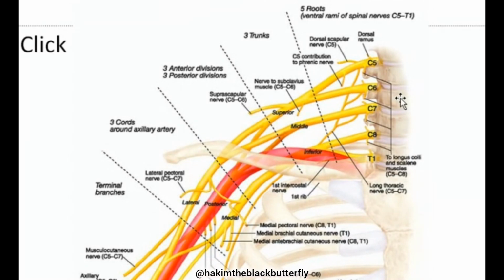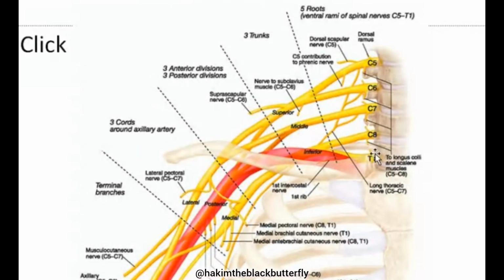The spinal nerves which form the brachial plexus are C5, C6, C7, C8, and then T1.